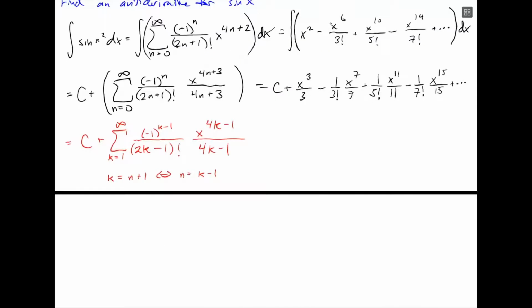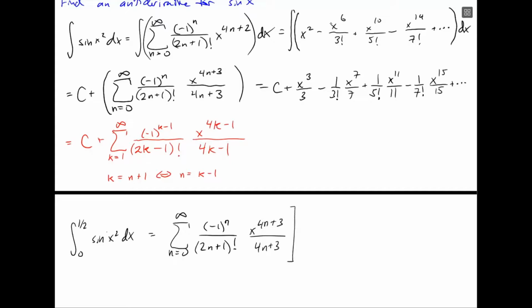I'm going to say here that our definite integral from 0 to 1/2 of sine of x squared dx is equal to this guy. This is my power series that I found by anti-differentiating above. I only need one antiderivative, so I don't need to worry about the c.